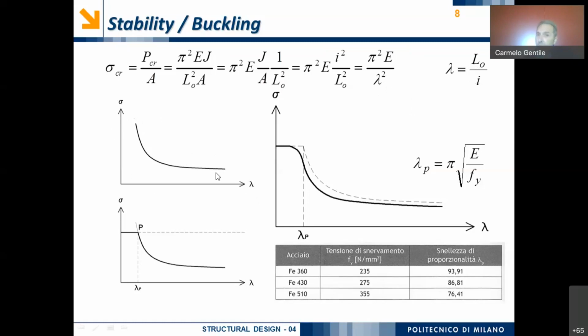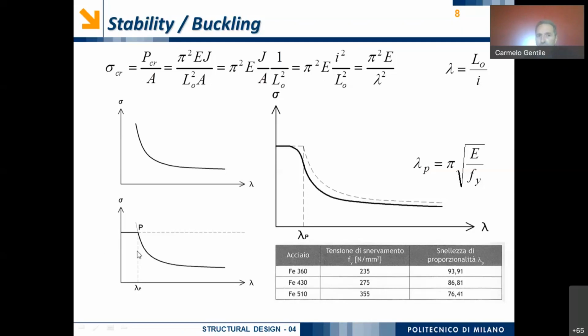But of course, this kind of evaluation holds in the case of an indefinitely elastic material, okay? But we know that real columns are made with imperfections and are also made of a real steel.